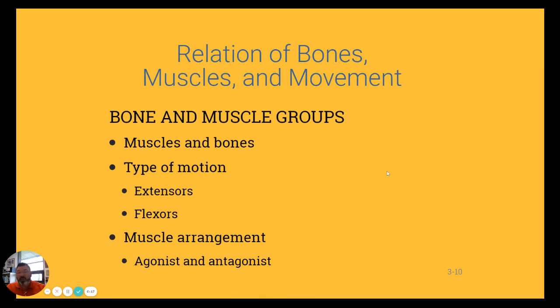So how do we have the relationship between bones, muscles, and movement? Obviously, we talked about in the previous section how bone is connected to muscle via tendons, and bone connected to bone via ligaments, and how those things work together. We have extensor movement and flexor movement, and this all depends upon whether a muscle is expanding or contracting.